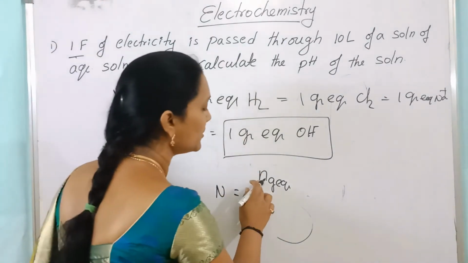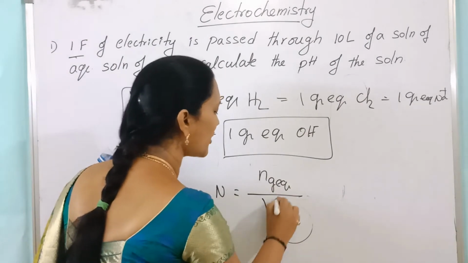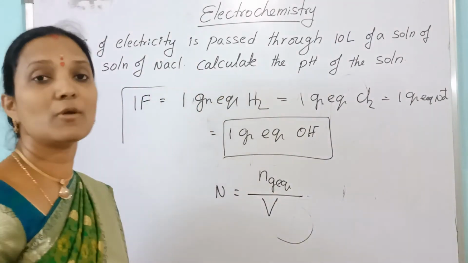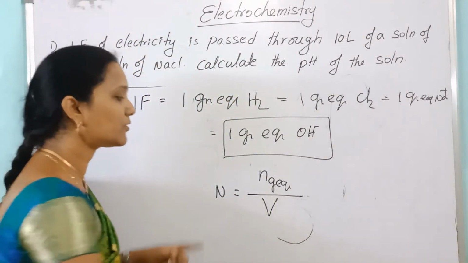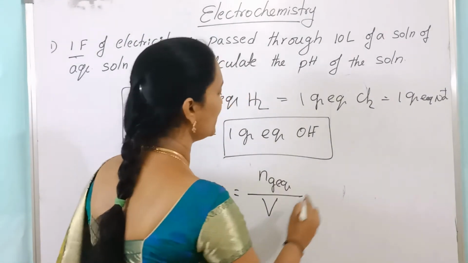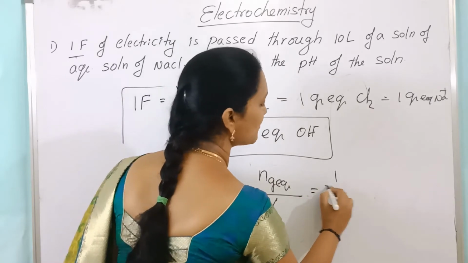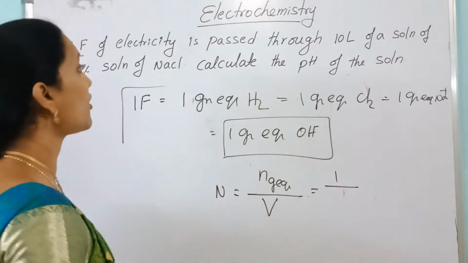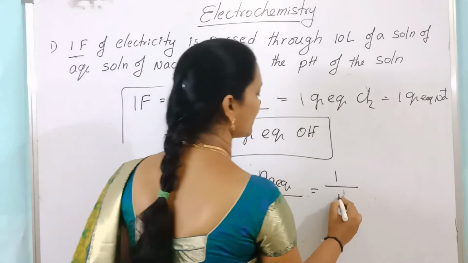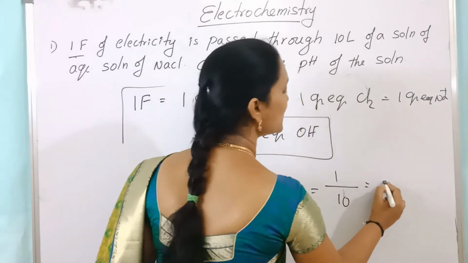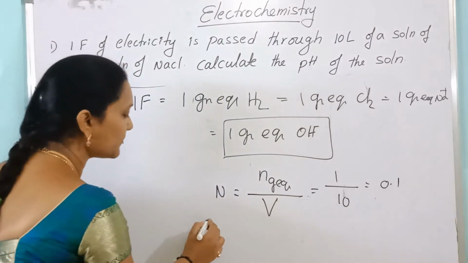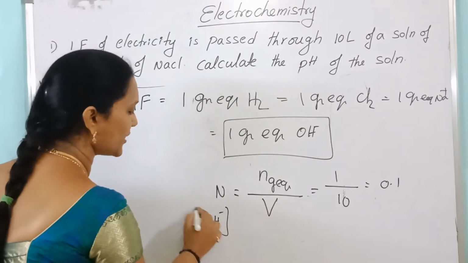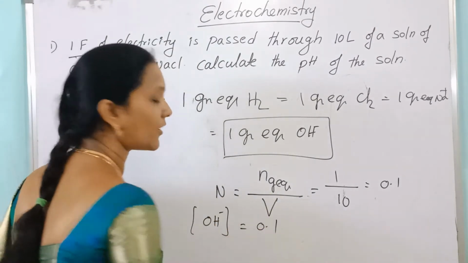Molarity is equal to number of moles by volume in liters. Normality is equal to number of gram equivalents by volume in liters. How many gram equivalents? 1. By volume, how much is given? 10 liters. 1 by 10. So the normality is 0.1, which is the concentration of OH minus.